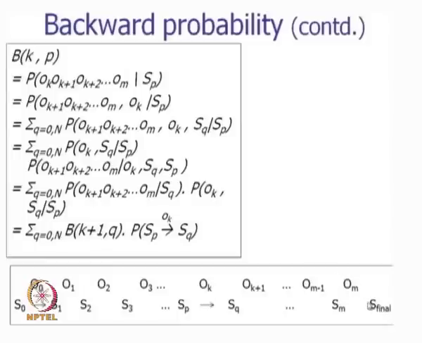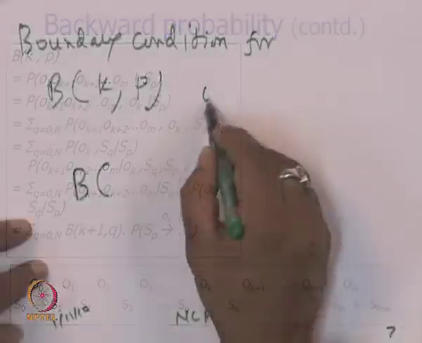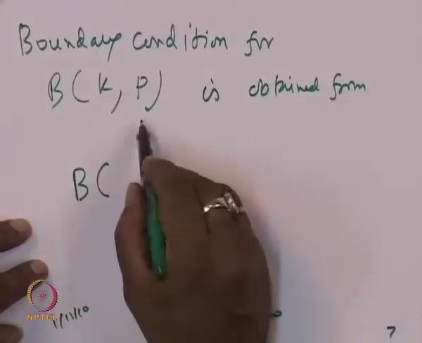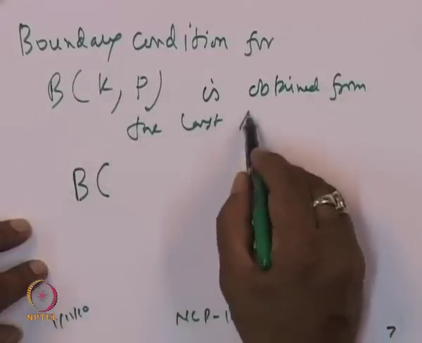Otherwise, we can also propose an epsilon transition here, and from there we can say that there is a final state with respect to one of the states of the hidden Markov model. So, the probability of going to the final state from the last state Sm is the boundary condition. So, this would be for BkP, obtained from the last symbol.